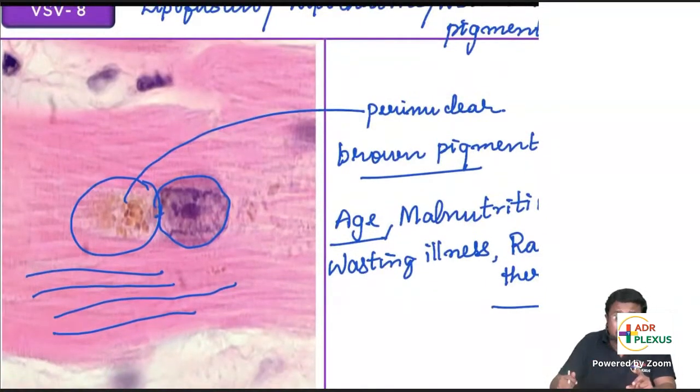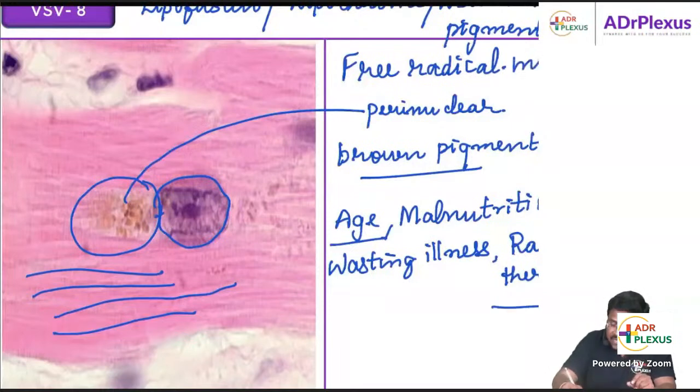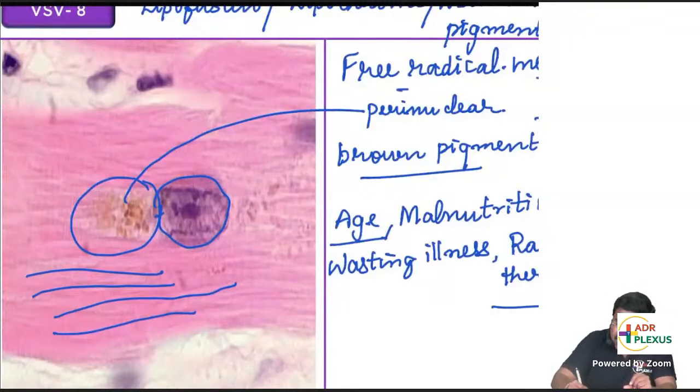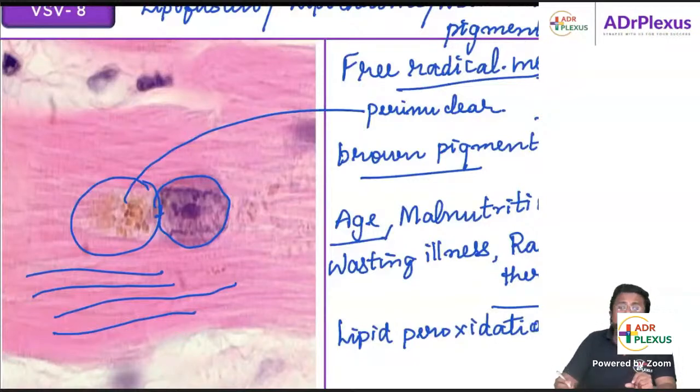So it actually tells you that there is a free radical mediated injury. This lipofuscin pigment tells you that there is a free radical mediated injury. Okay. And what happens here? Lipid peroxidation. These are all the key words. Lipid peroxidation occurs in the lipofuscin pigment.